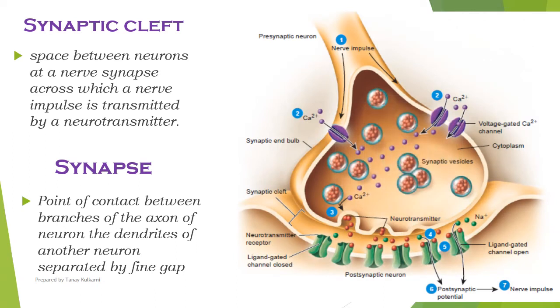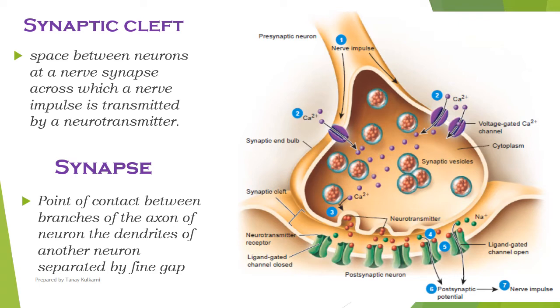What is it? It is a point of contact between the branches of the axon of a neuron and the dendrites of another neuron, separated by a fine gap. And what did we call this fine gap? Synaptic cleft. Okay, you can note this down later on. Look at this picture. Now here the color of the synaptic vesicle and the neurotransmitter has changed.